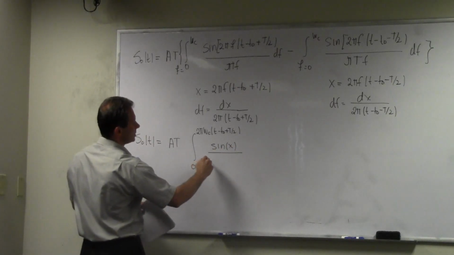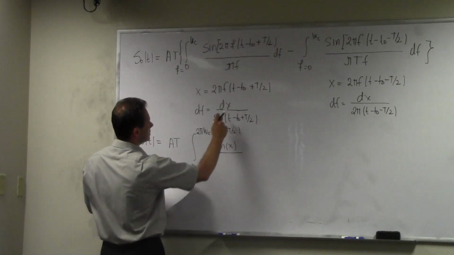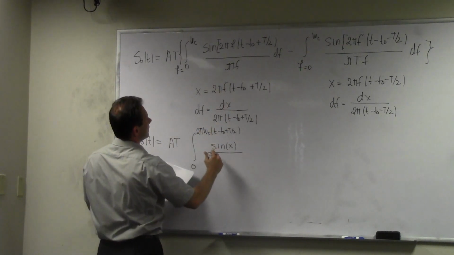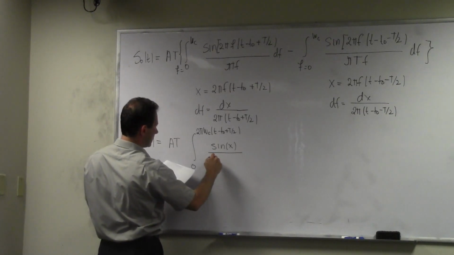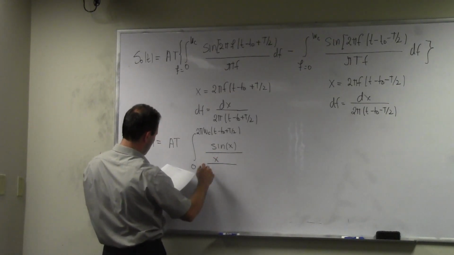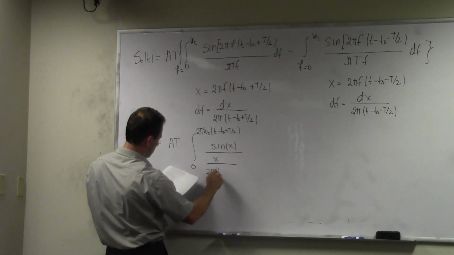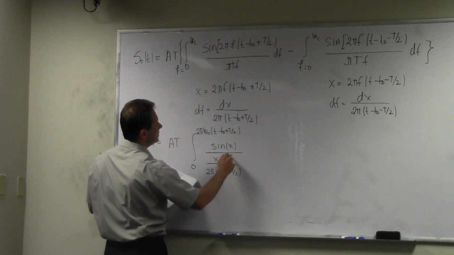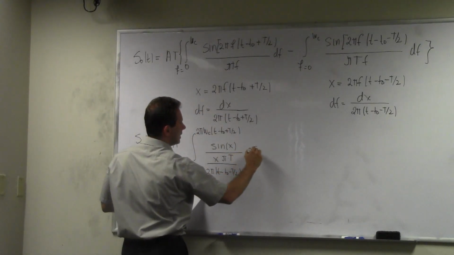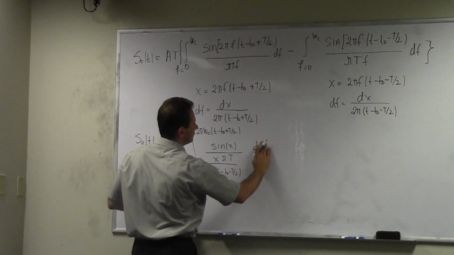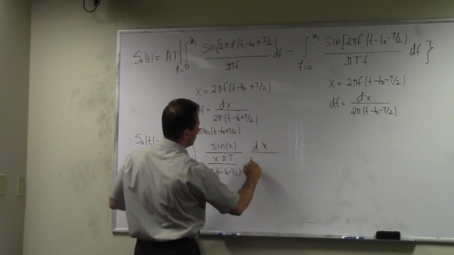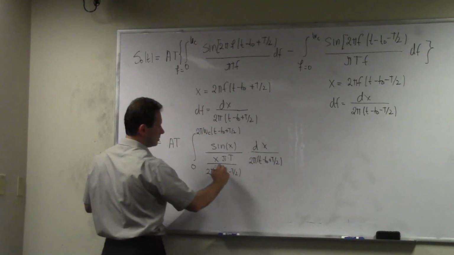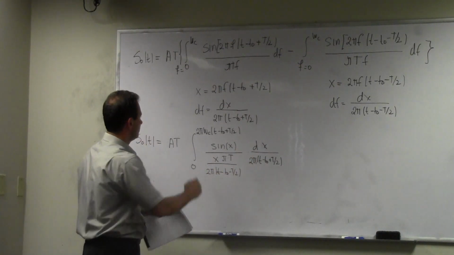And then look what happens downstairs. Instead of f here, I have x divided by 2 pi (t minus t0 minus T over 2), and then I have pi times T. And then df is equal to dx over 2 pi (t minus t0 plus T over 2). So you can see that these two are going to cancel each other.